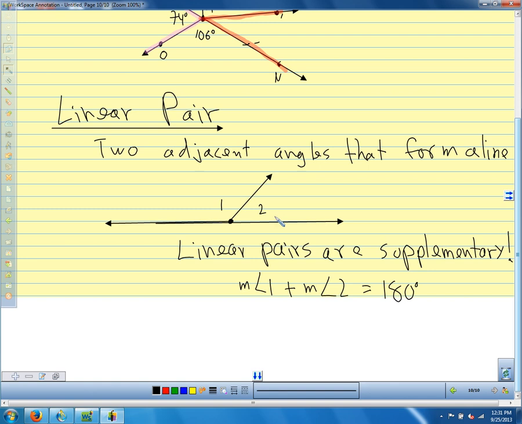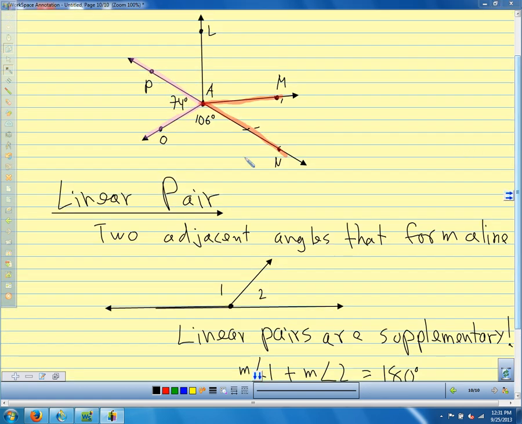All right, let's look at a couple of problems. Yes? The PAO and OAN? Oh yeah, OAN. Would that mean that PAL and LAN were?